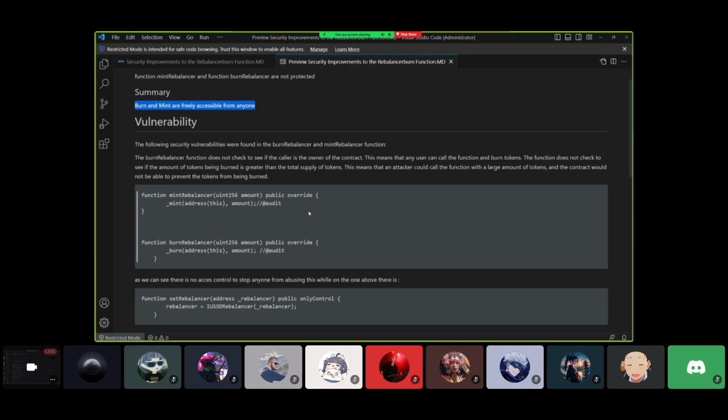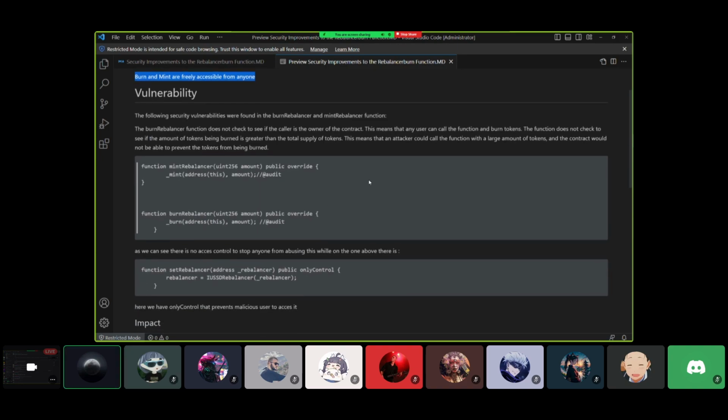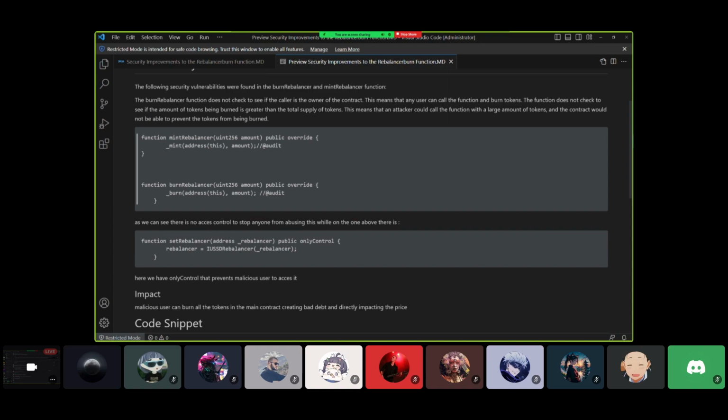So as you can see here, the functions mint rebalancer and burn rebalancer are both non-protected, and they can be accessed by anybody just by calling this address and putting any amount they want, directly impacting the amount the contract has.